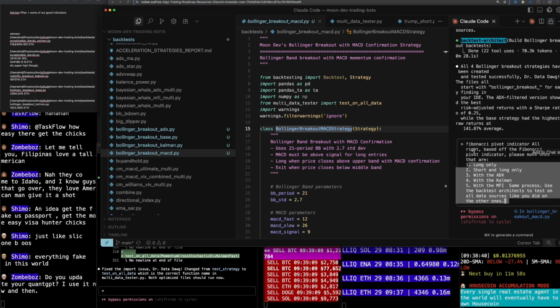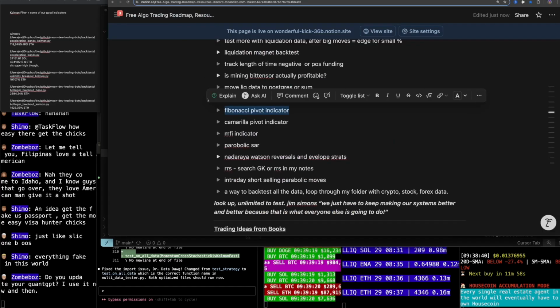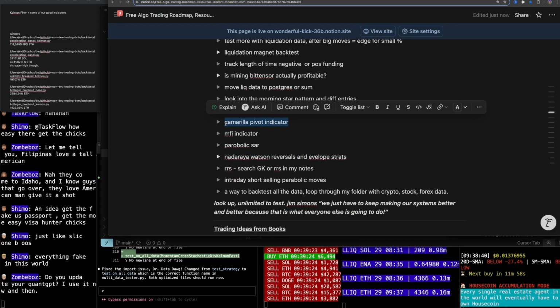Okay, so I'm actually going to take this. And I'm going to put this one in here as well. Camarilla pivot filter indicator.